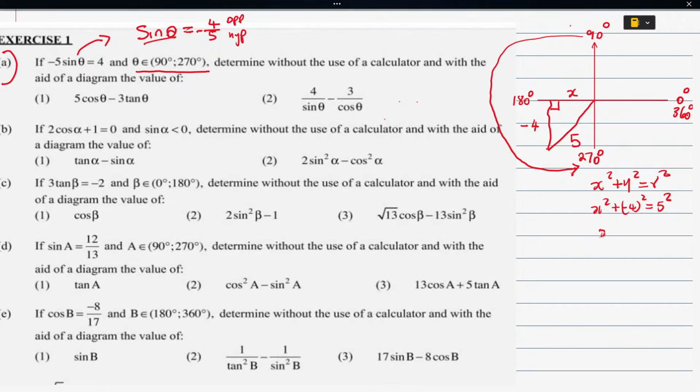Therefore, x squared is equal to 5 squared minus minus 4 squared. Then you introduce a square root. So x is equal to plus or minus 3 if you press a calculator. Therefore, x is equal to minus 3. That is the one that you're going to check.